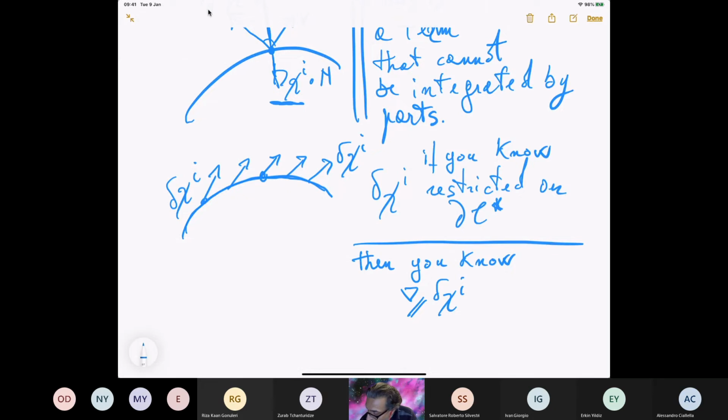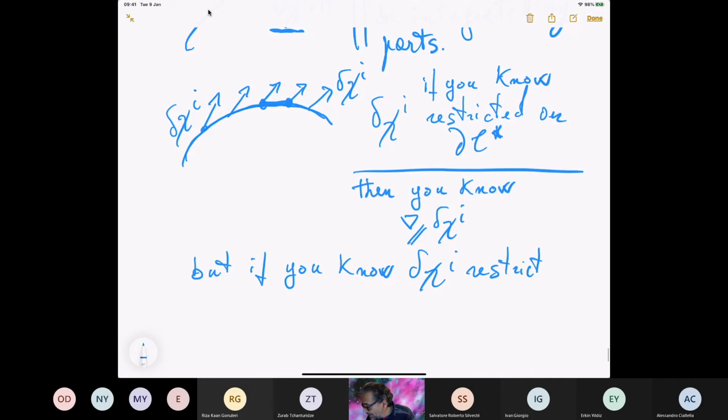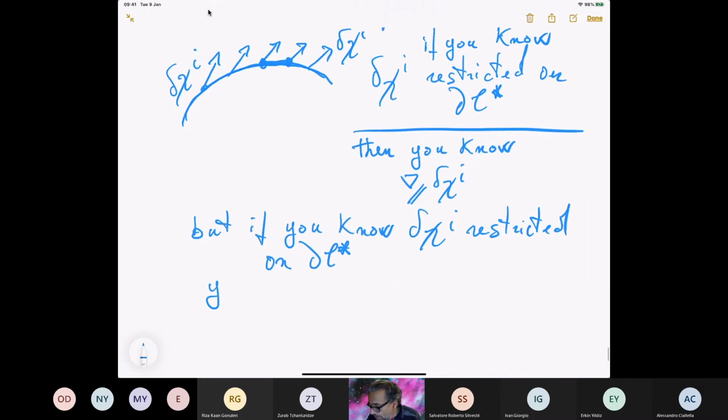Because you know delta Ki, you move along the tangent plane, and you know how it is varying. But if you know delta Ki restricted on the boundary of C star, you do not know anything about grad normal delta Ki.